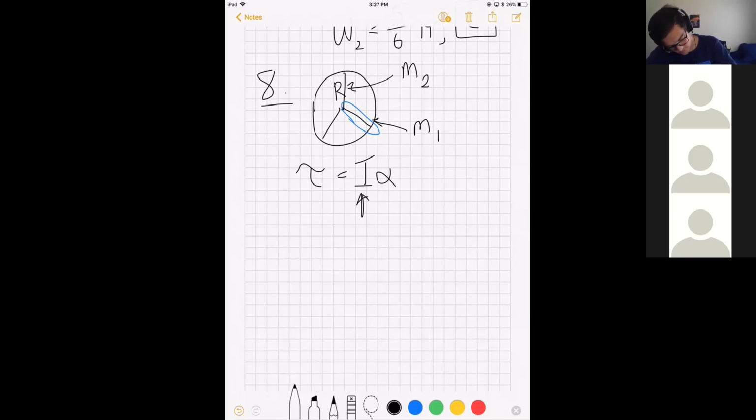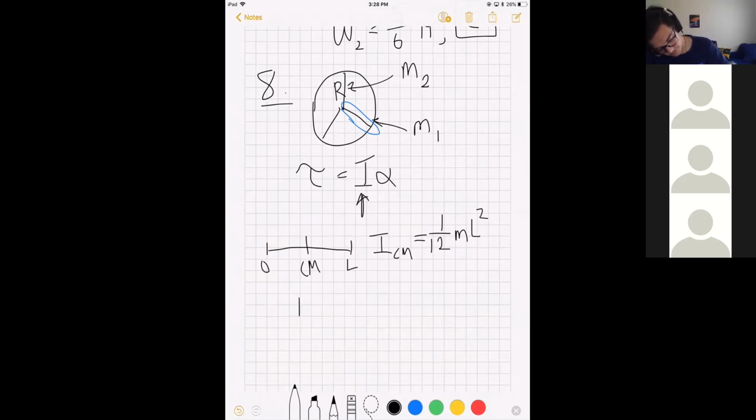So we're going to sketch out this rod. This is its center of mass right here. I sub CM is equal to 1/12 mL squared. It has a full length of L. Now we apply the parallel axis theorem.